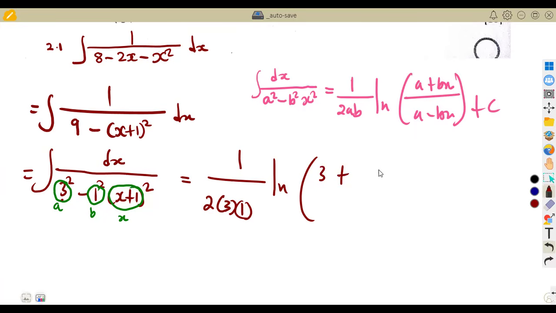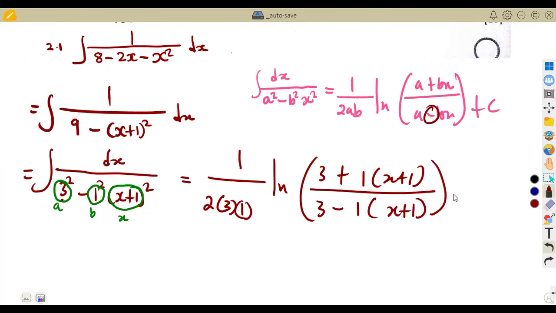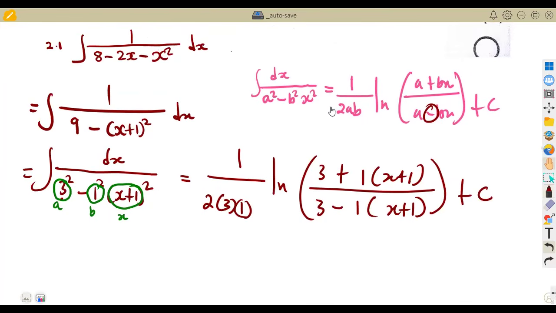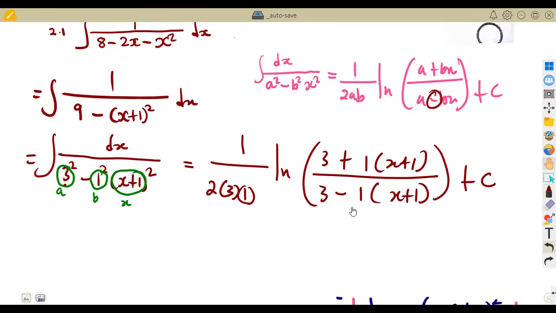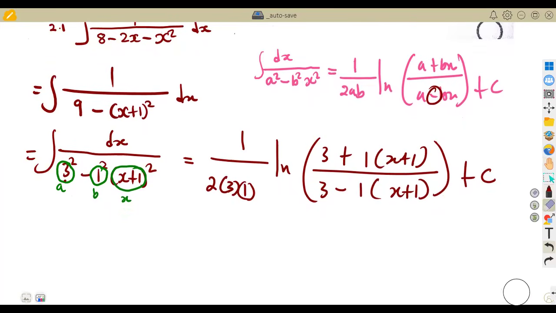B is 1 times x, and our x is x plus 1, so you substitute it as x plus 1, over a minus bx, so it's 3 minus 1 into x plus 1, which is just a repetition of the part on top, only now we've got a negative, plus the constant of integration. So we have the format first, then we use the format now to simplify. That is what we are going to have at the end.